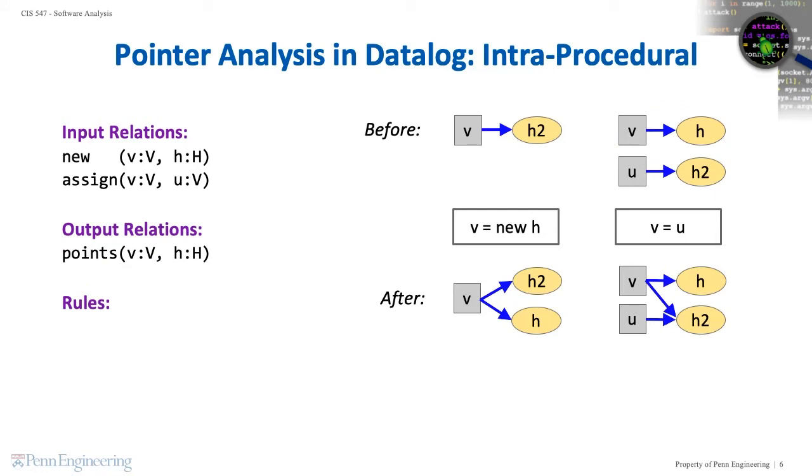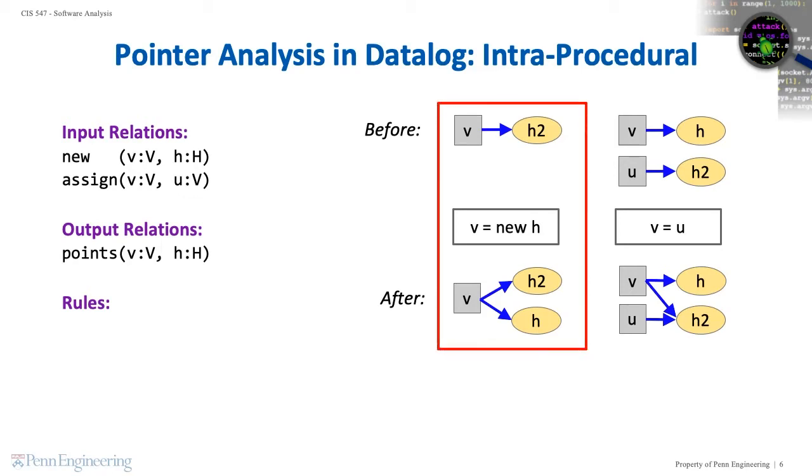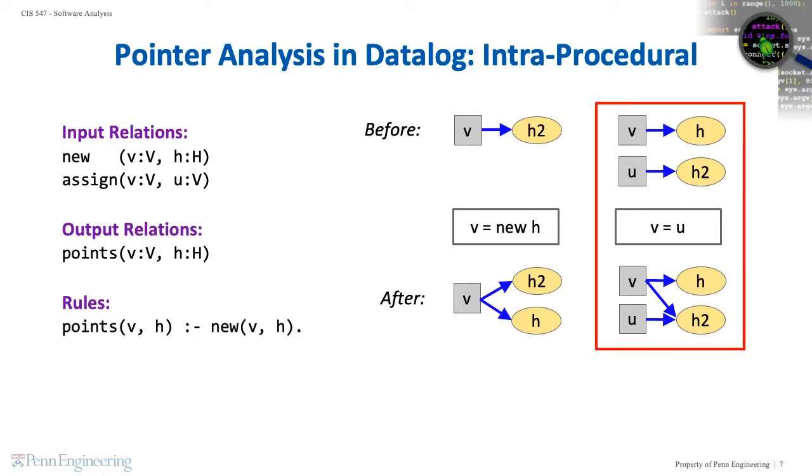Finally, the inference rules used to compute the points-to information are defined to reflect the diagrams depicting the specification of the pointer analysis. The rule for object allocation statements is as follows, and the rule for copy assignment statements is as follows.